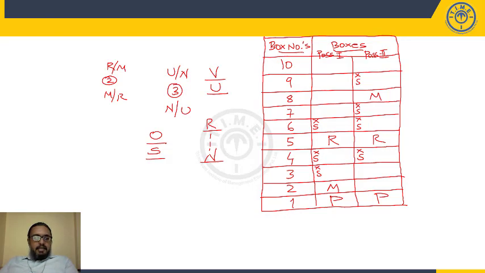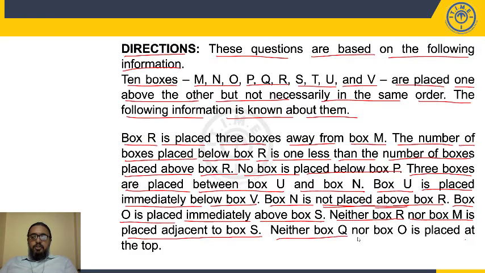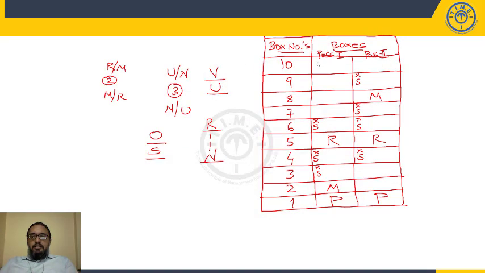And the last condition is neither box Q nor box O is placed at the top. So neither Q nor O is placed at the top.